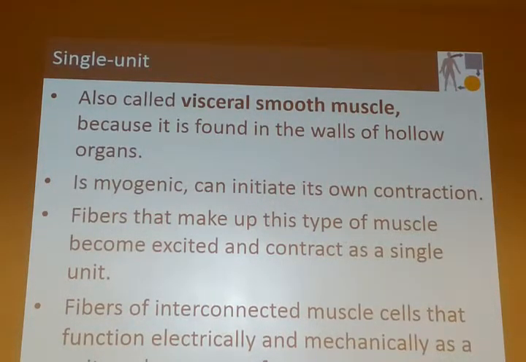Neurotransmitter can bind to a receptor and open channels as well. So you can activate it two ways. Most of the time it's the myogenic that is going to activate these single unit smooth muscle cells.